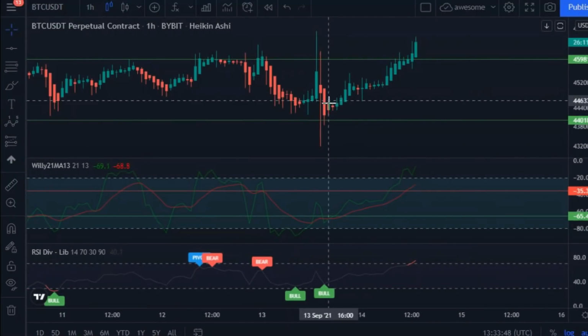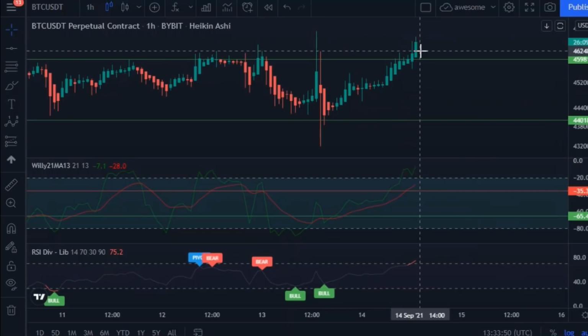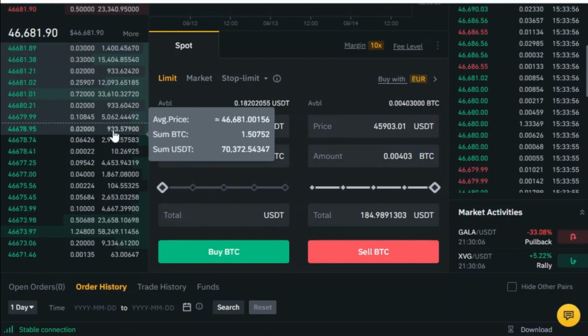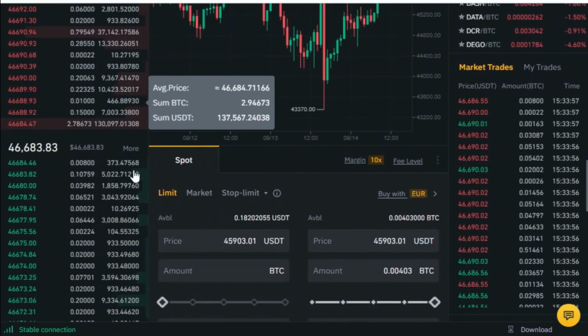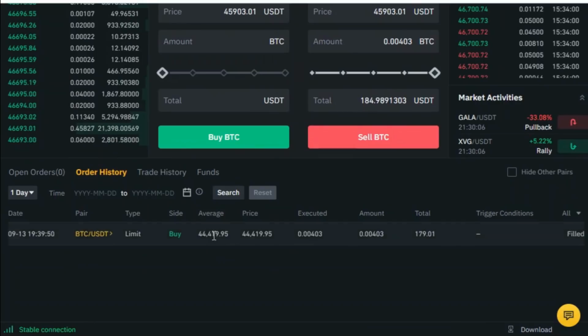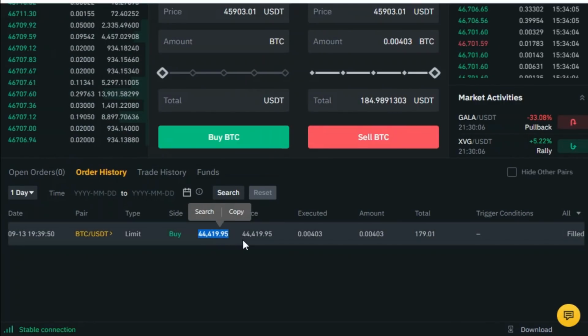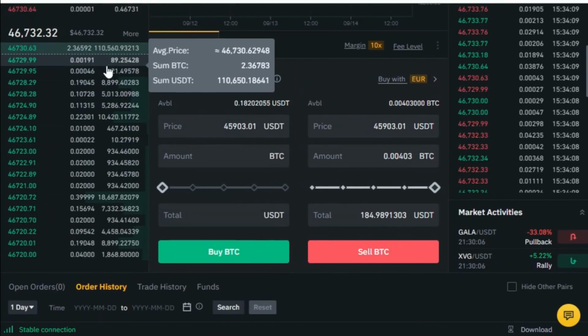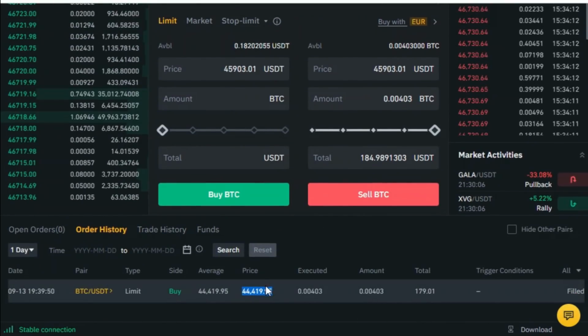As you can see, the trend break out the resistance line, and the indicator did not give a sell signal. So far we have made a profit of about 5%, and we are still waiting for the sell signal.